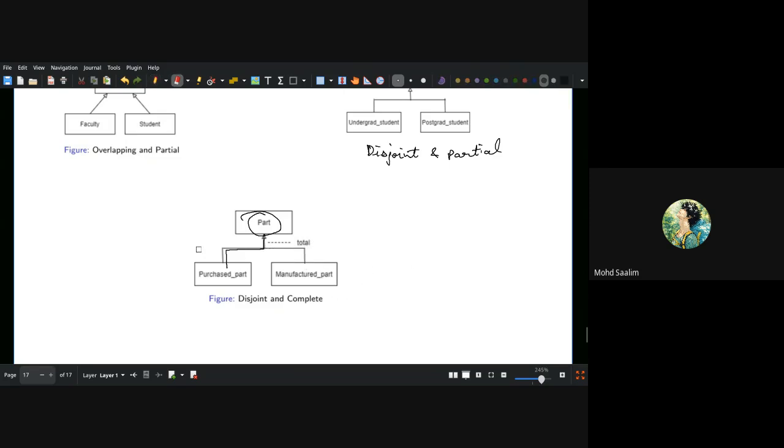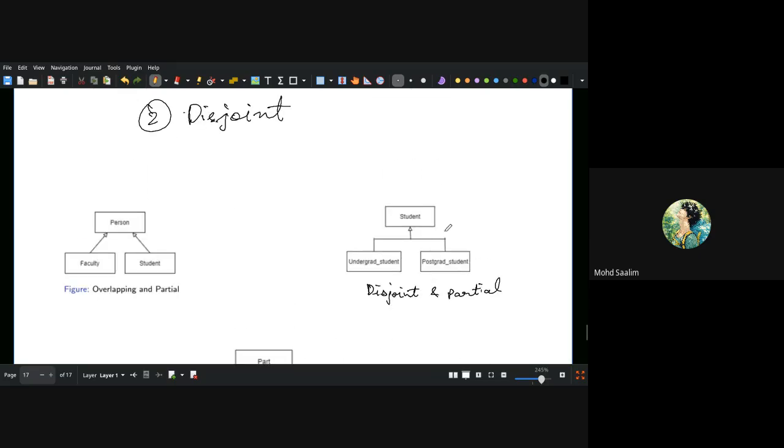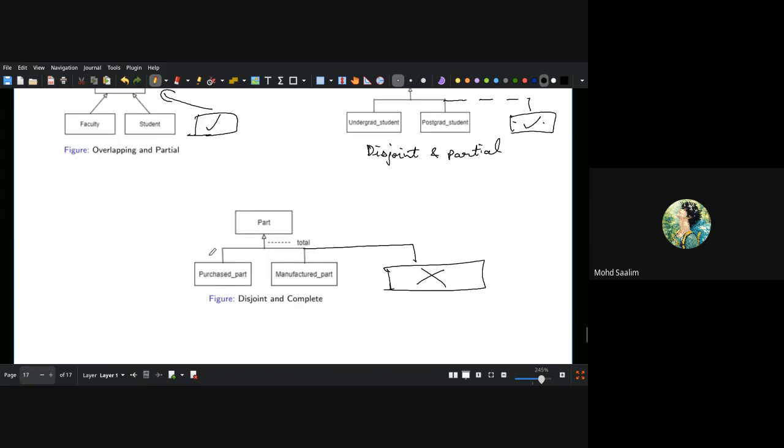We have only two parts. That's it. So when we explicitly say total, we are neglecting any future possibility. But when we don't say total, it means maybe in the future there will be a new type that is currently not present. Maybe in the future there will be one new entity that can be a person, right? This is the difference between partial and complete specialization.